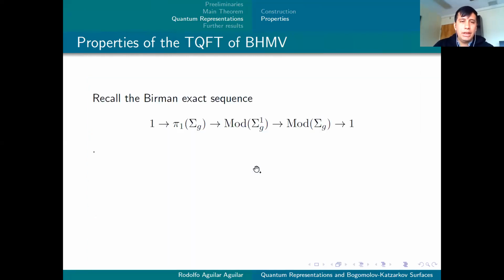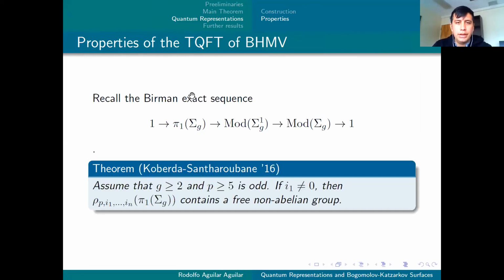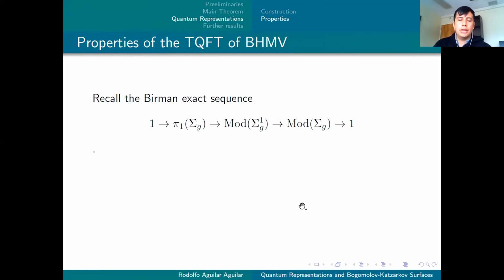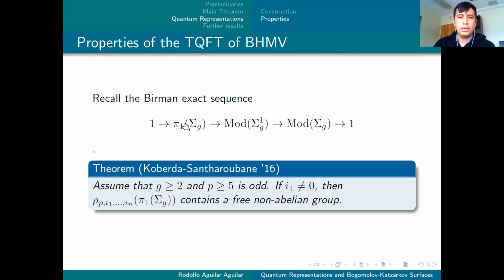So recall that we have the Birman exact sequence, and we have seen here that we have infinite image in this mapping class group. So the next question should be, if we restrict to the fundamental group of this surface, do we still have the infiniteness of the representation?